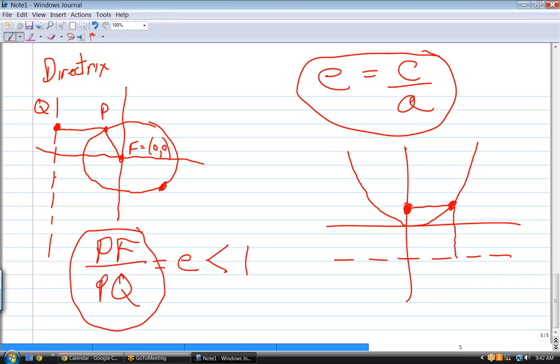In other words, if I take this diagram for an ellipse and transfer it over here, there's F, there's P, and there's Q. And we certainly know that, if I put P up here, then this distance has to be the same as that distance. And it's always the same for a parabola.